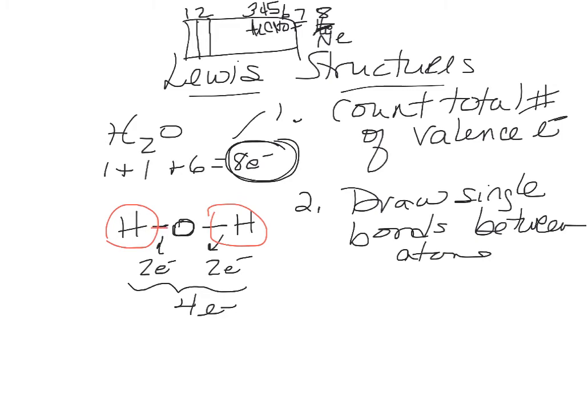And each of them already has 2 electrons from this bond, the 2 electrons in the bond that they're sharing. So that means the leftover electrons, after the outer atoms have an octet, go on the central atom. Okay, so I just put 2 pairs of electrons, or a total of 4 electrons, on the oxygen. Okay, so I would strongly recommend practicing drawing Lewis structures some more, because this is a really, really simple one.